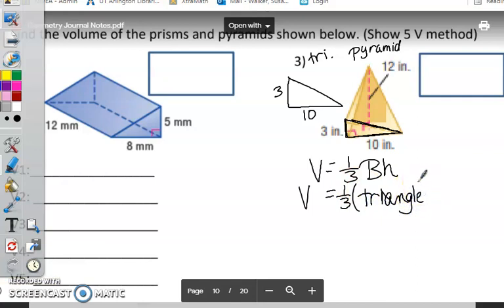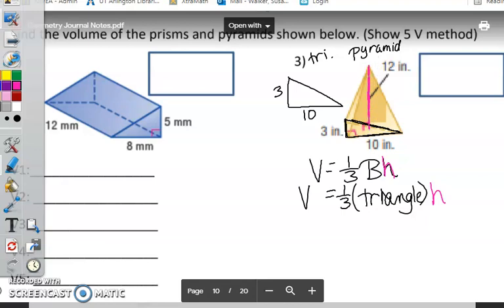Sorry, my pen messed up a little bit. H, I'm going to use again a different color, because this is the height of the pyramid, so that's right here. This H is that H, okay?